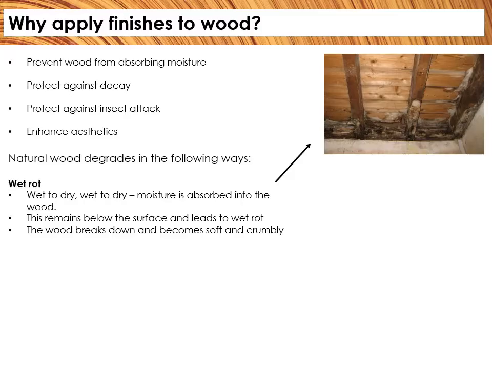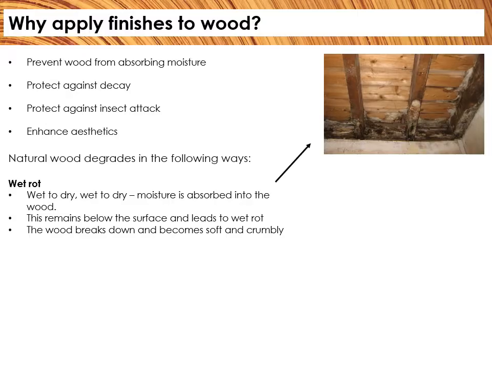It means the wood breaks down, it becomes soft and crumbly. So you may have, for example, come across a gate or a fence that has got this kind of effect, and you can literally kick it with your foot and it will just crumble. So that's wet rot.